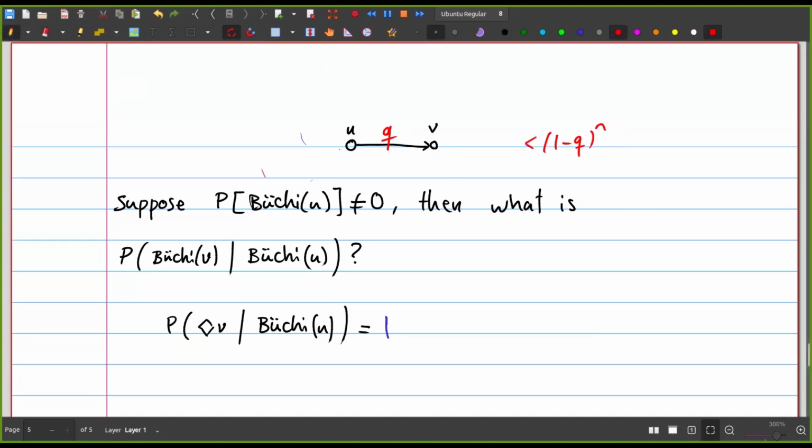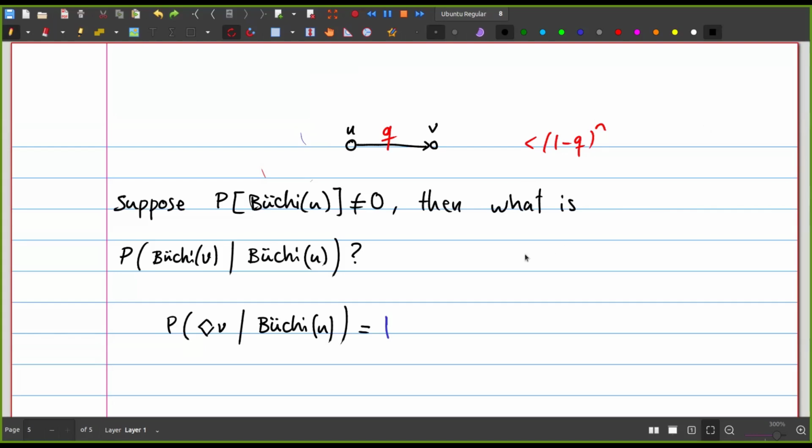And I say at most this much because, well, maybe in my past I go from u to somewhere else and then from there to v, and I'm not even considering those. I'm just saying just the probability that I don't take this edge is (1 minus q) to the power of n. So the probability that I don't see v is at most (1 minus q) to the power of n, assuming that I have seen u n times.